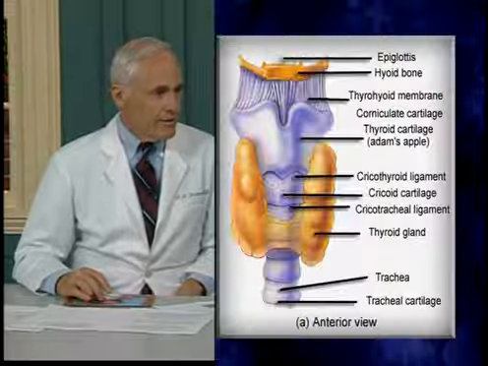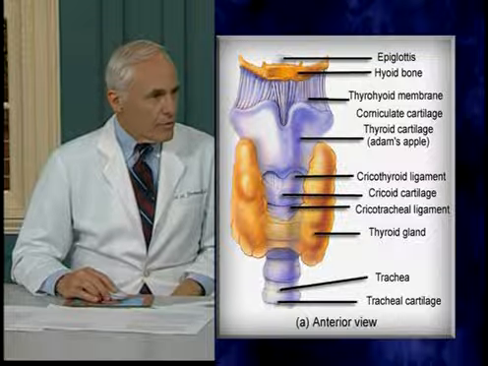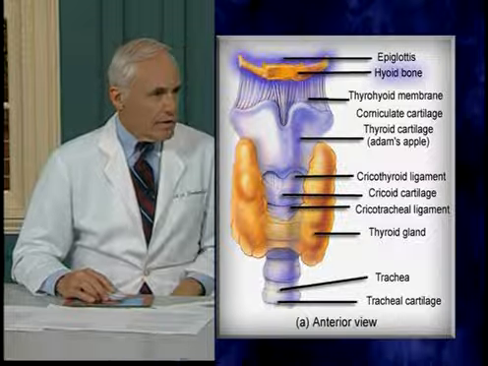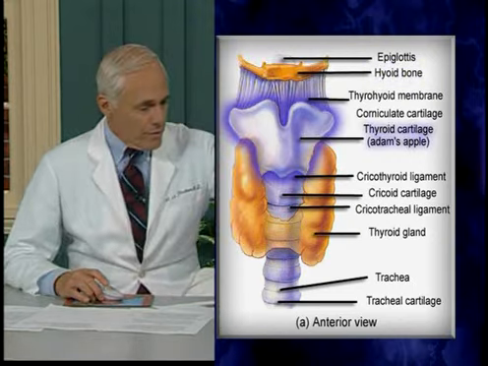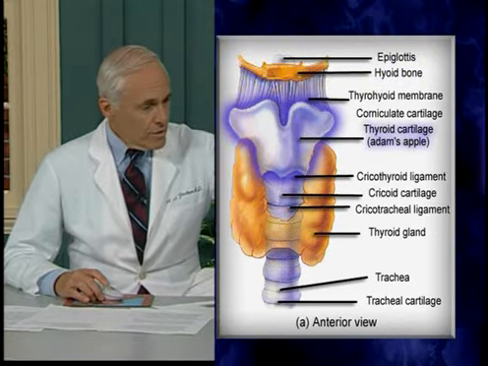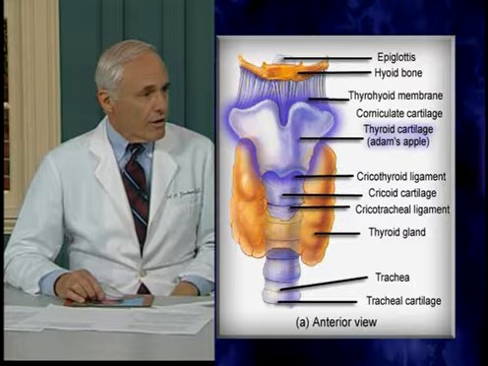It's in the middle of the neck, about halfway between the base of your neck and the clavicle. And it's right in the midline. This is a front view of the larynx. The bone at the very top, called the hyoid bone, is one that you can feel with difficulty. What we're all familiar with is this bone, which is the thyroid cartilage.